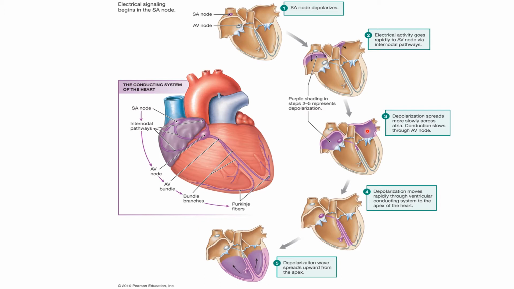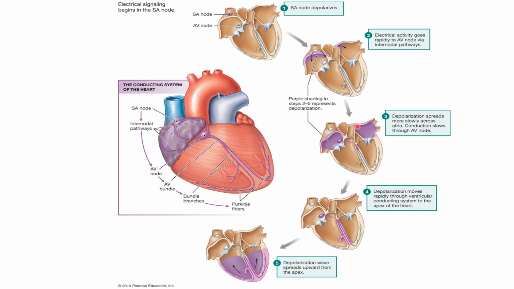And as I said, those electrical messages are going to spread to the contractile cells so that the contractile cells can generate their own action potential, and then following that, the heart would start to contract. Electrical message always precedes, as I said, the mechanical message.